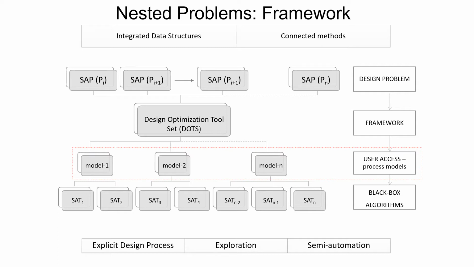In our approach, a space allocation problem is thought of as a set of tasks which can be mapped to computable models, or a design problem can be broken down into computable problems. These models call a set of methods from a common pool of SAT, or space allocation techniques. Then, by providing an integrated framework, the designer can combine models in various ways to generate unique solutions.